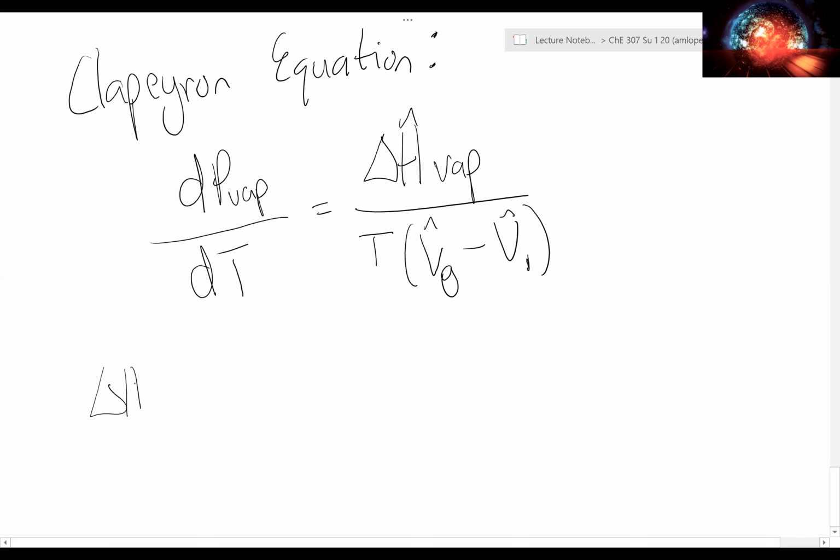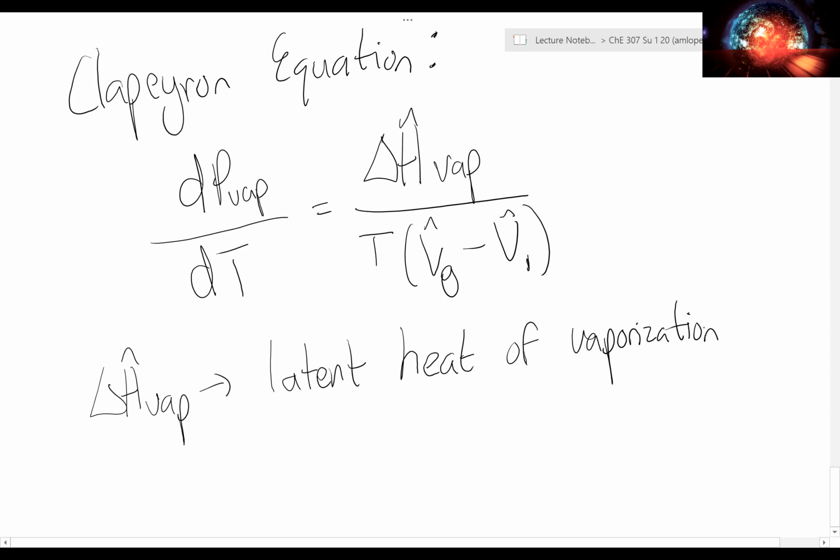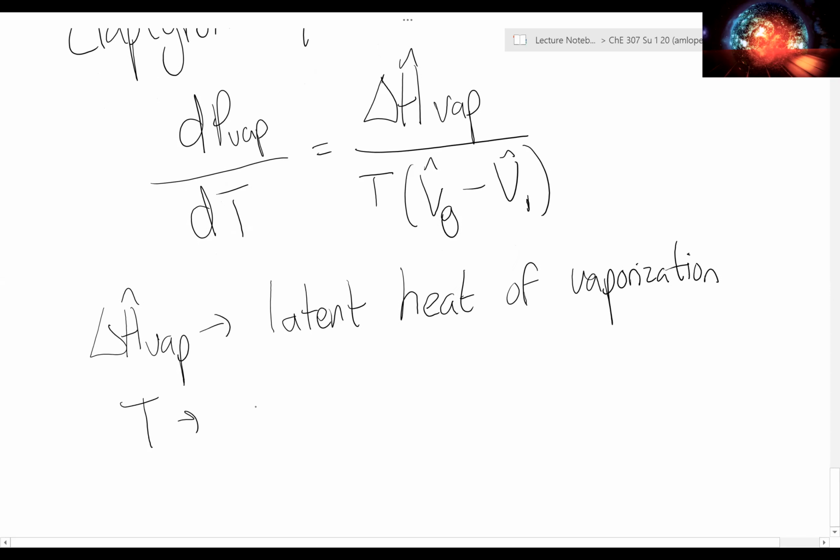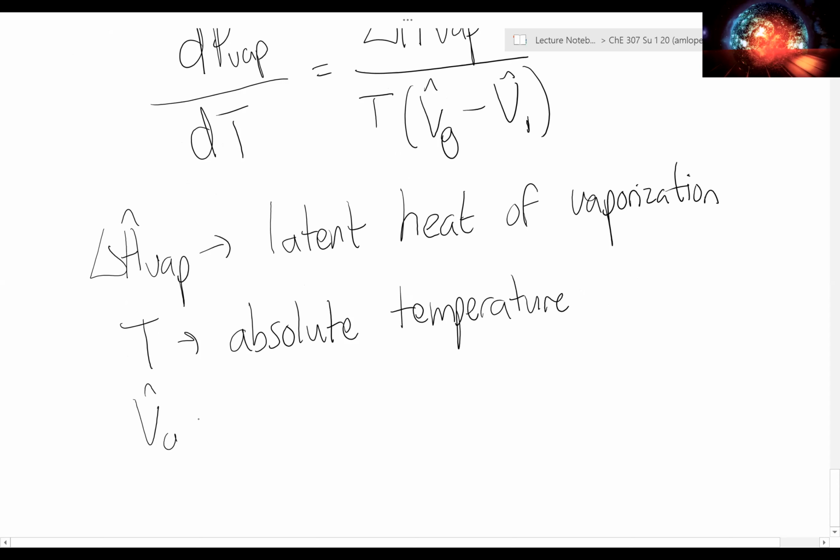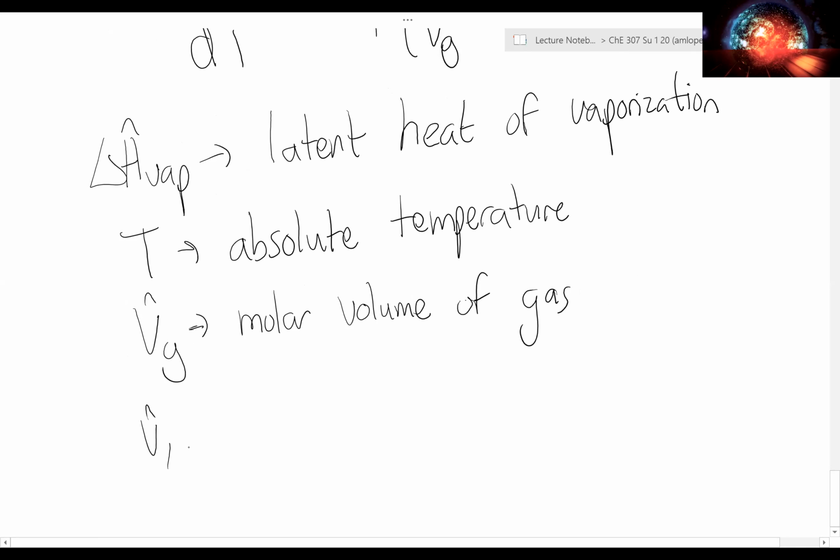And like I said, this delta H vap is the latent heat of vaporization, T is your absolute temperature, V hat sub G is your molar volume of the gas, and V hat sub L is the molar volume of the liquid.